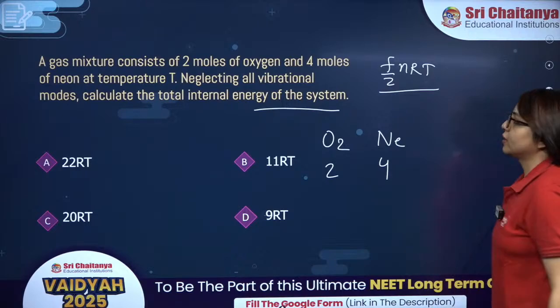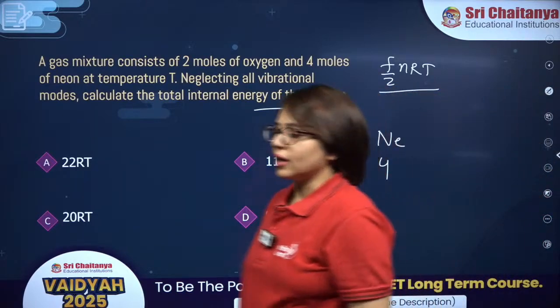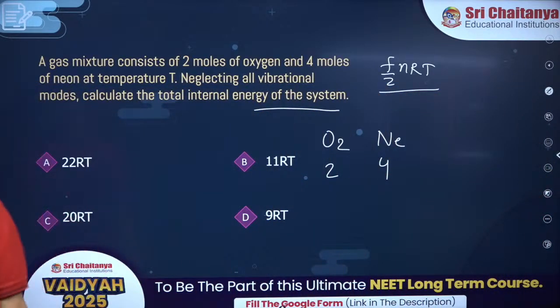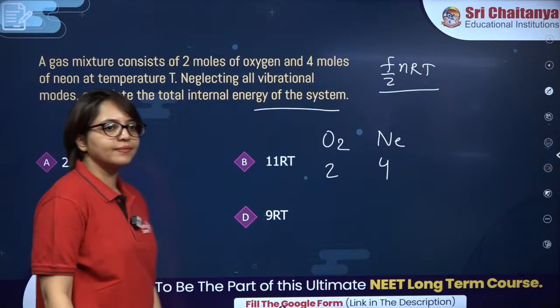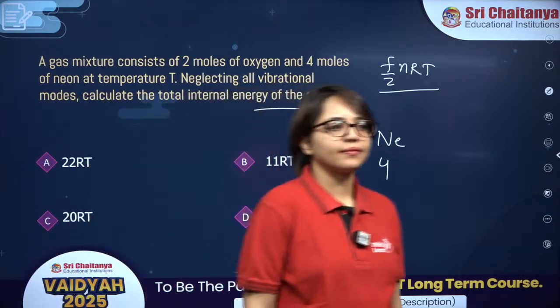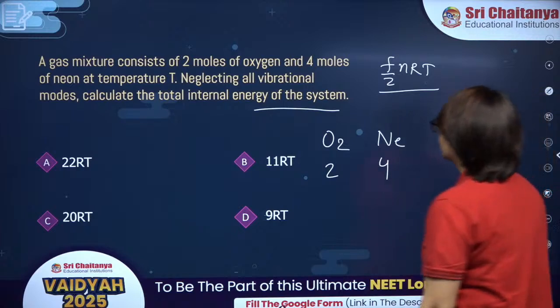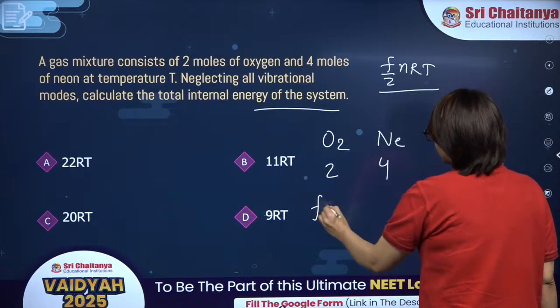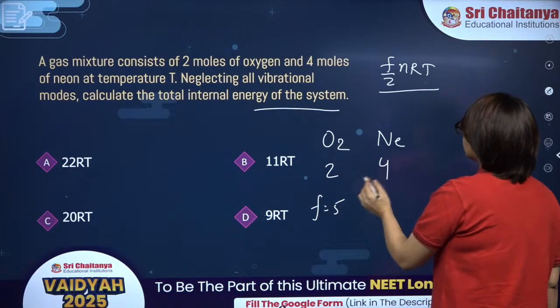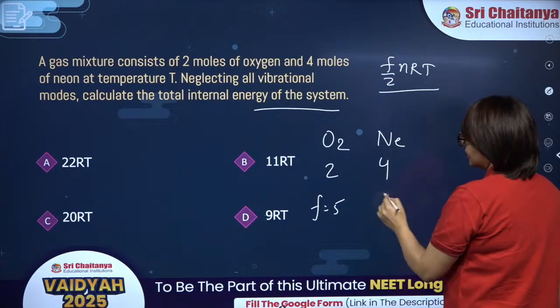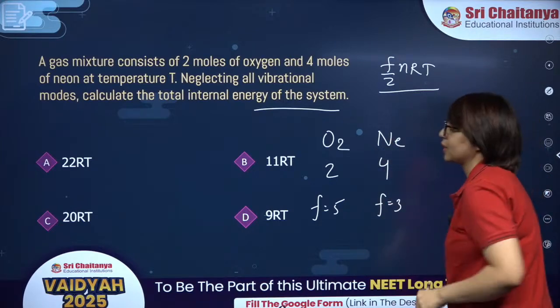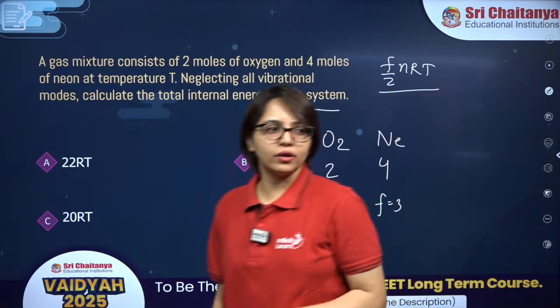Okay, chaliye, try this one. F is the degree of freedom. It is 5 for diatomic gas like oxygen, O2, and it is equal to 3 for monoatomic gas like helium, neon, etc.